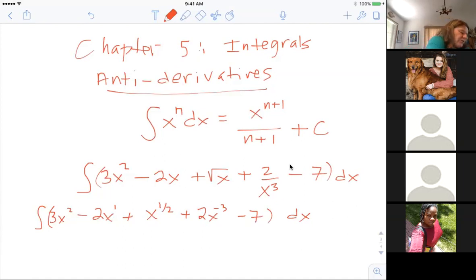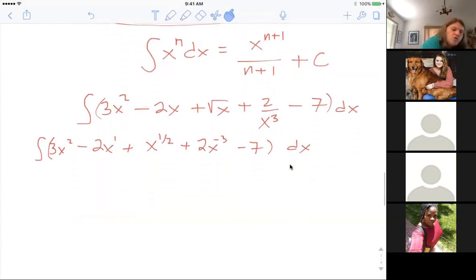Okay, so let's go ahead, let's go do it. Let's use this rule right here to find the antiderivative. Whose derivative is that ugly thing? The rule says this. The 3 is just a constant, so it just stays there. What do I do with the power here, guys? What do I do?